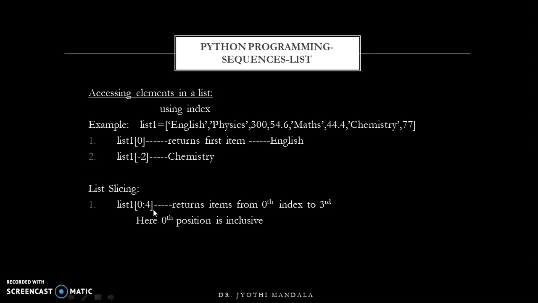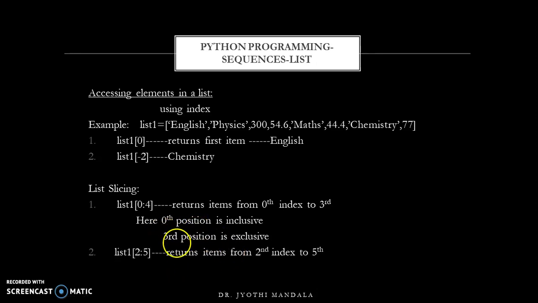According to my example, it will give English, physics, chemistry, 354.6, indices 0, 1, 2, 3. So I'll get 4 values. The 0th value is inclusive, and the fourth position is considered exclusive. Also, if I give list 1 of 2 to 5, it will return the items from the second index to the fourth index.